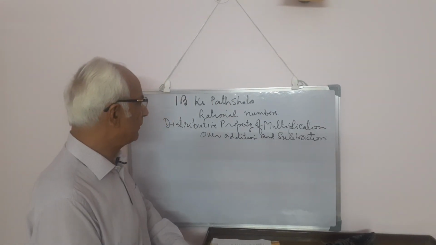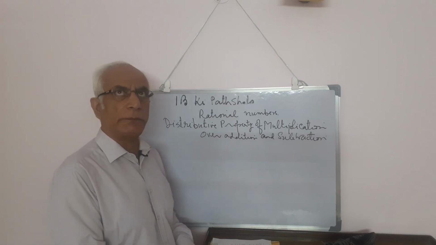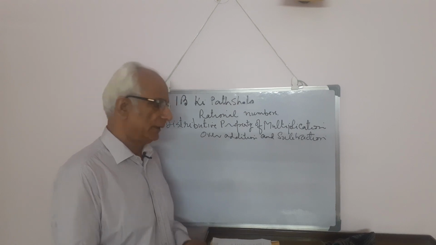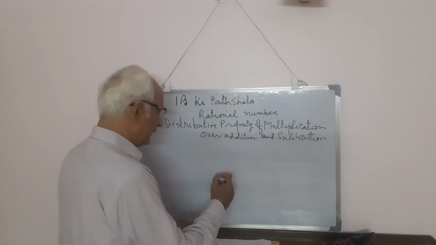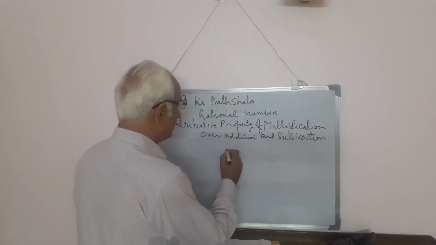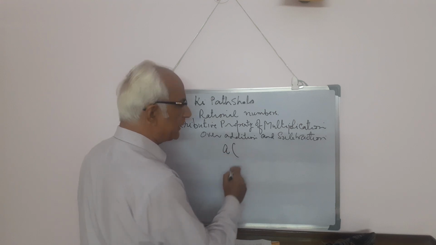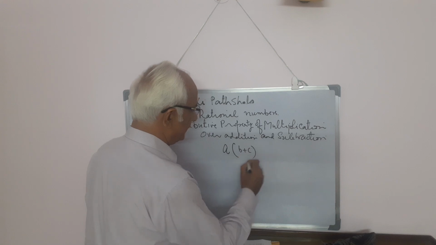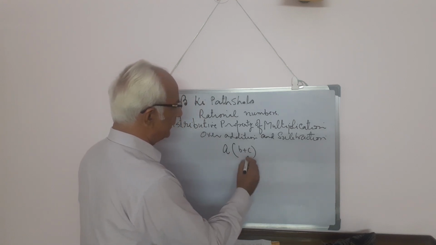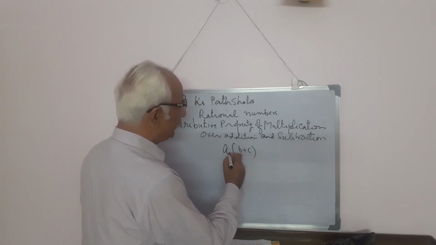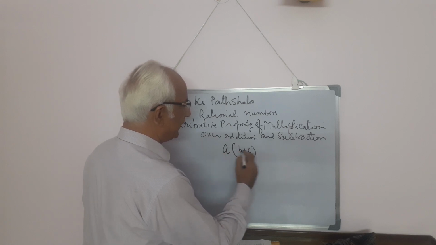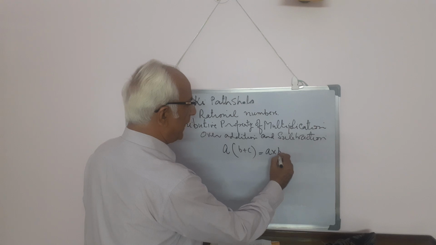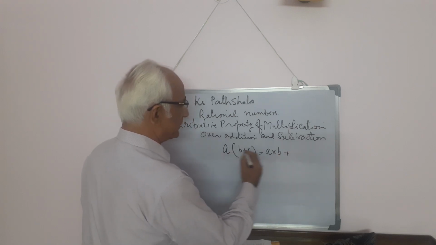So today we learn about the distributive property of multiplication over addition and subtraction. Basically, what does it mean? Let us say we have a number A, which is to be multiplied by the sum of B and C. We can multiply the factor A with both these terms which are to be added, and add their products.